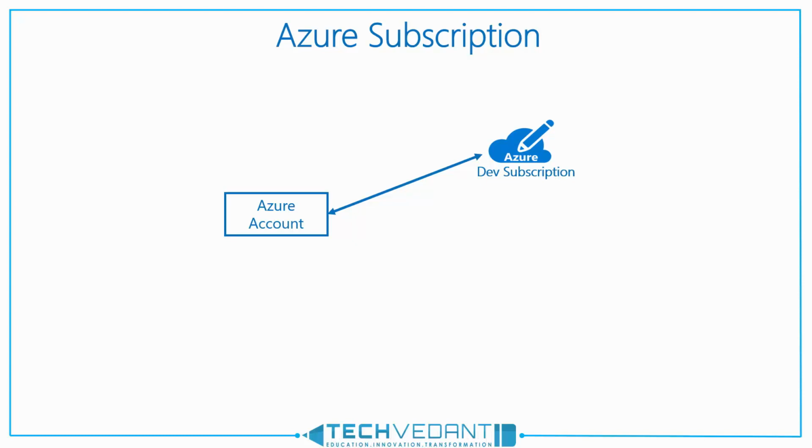When we sign up for Microsoft Azure, we create an Azure account and an Azure subscription based on one of the offers. Later on, as we grow our Azure consumption, we can add one or more subscriptions within the same account, and thus we get an architecture where an Azure account has one or many subscriptions within it.